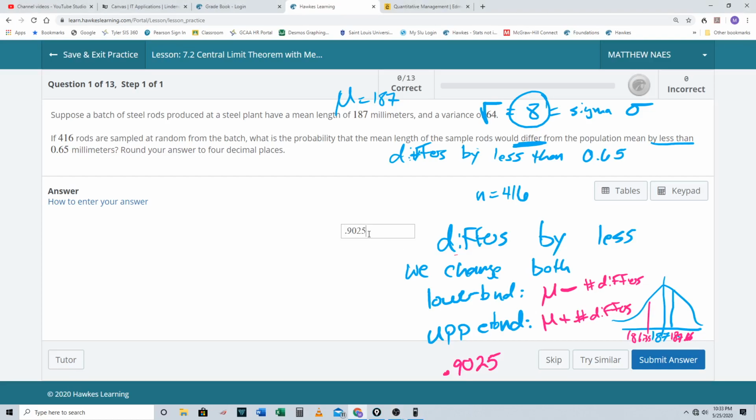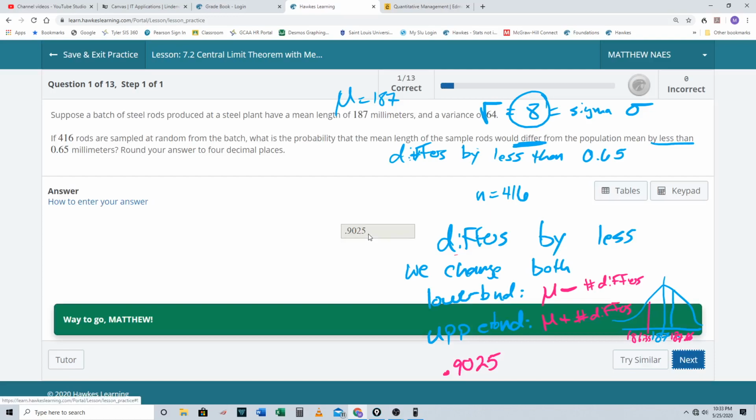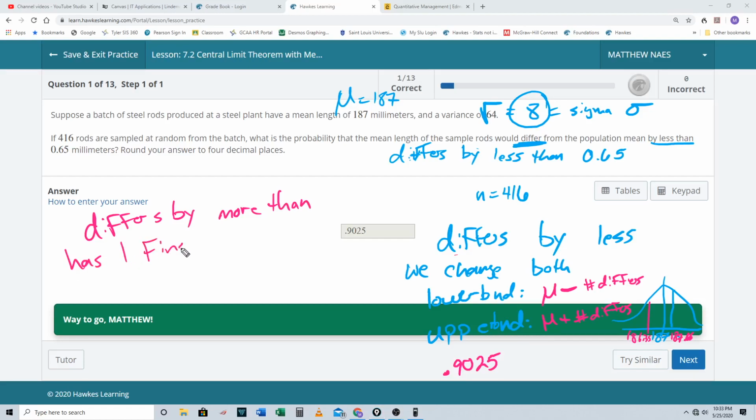So we get 0.9025. Very good. Now, here's the note you want to make if it says differs by more than: it has one final extra step, and that is 1 minus the answer.